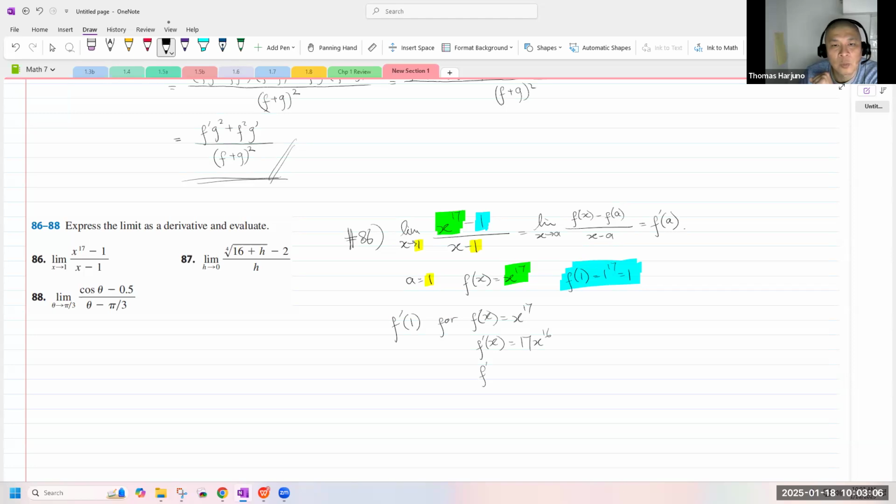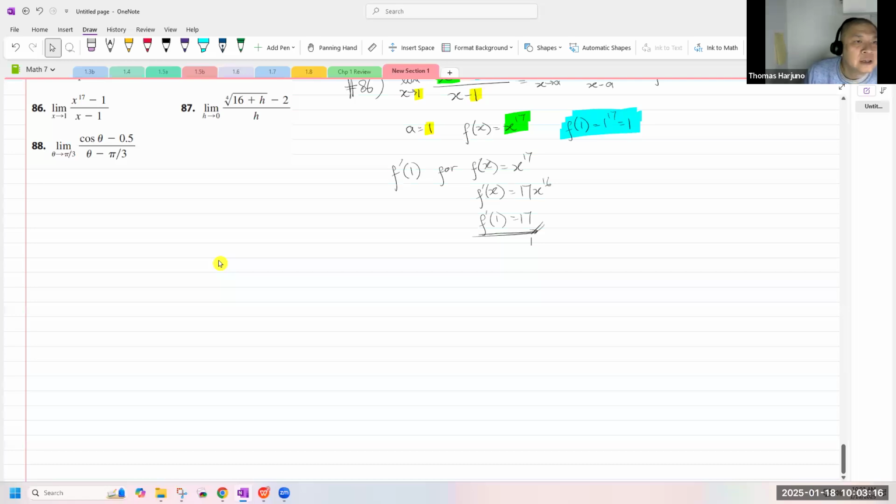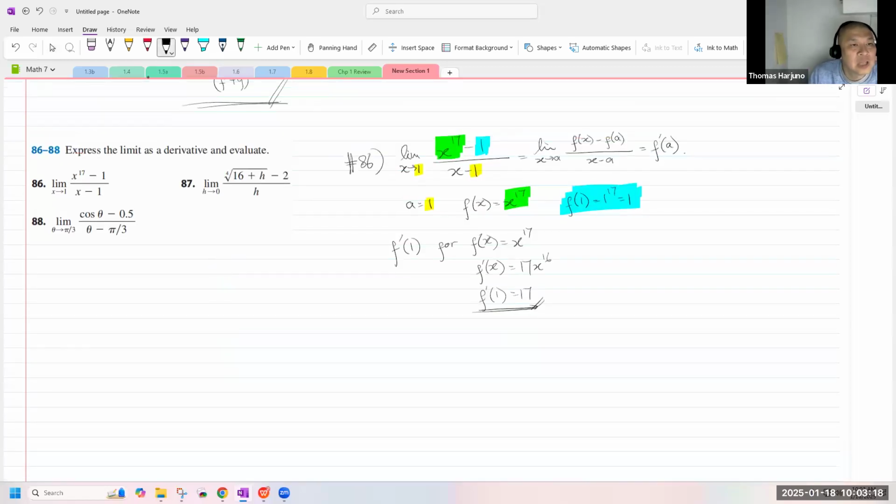So f prime 1 equals just 17. We reverse engineer that, right? For number 88, similarly, notice that a equals pi over 3. The function is cosine theta.